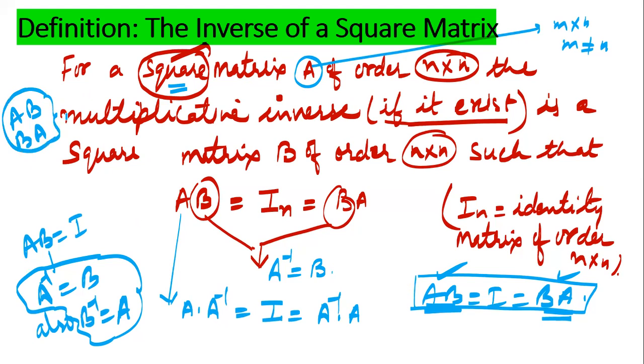For AB equals BA equals identity matrix, this is possible only if it is a square matrix. Otherwise, it will not be possible.